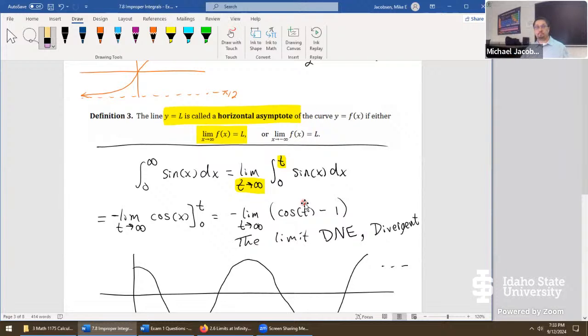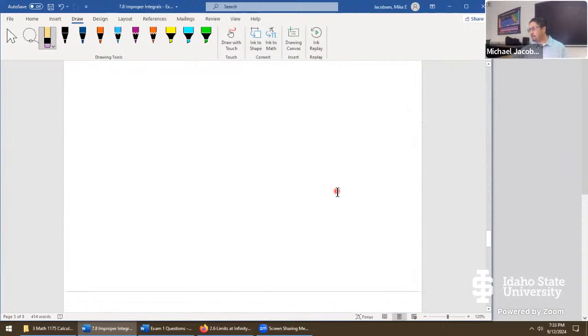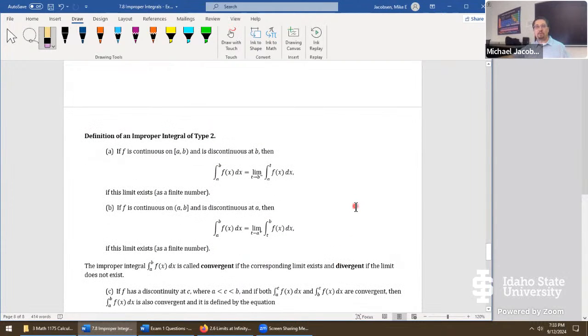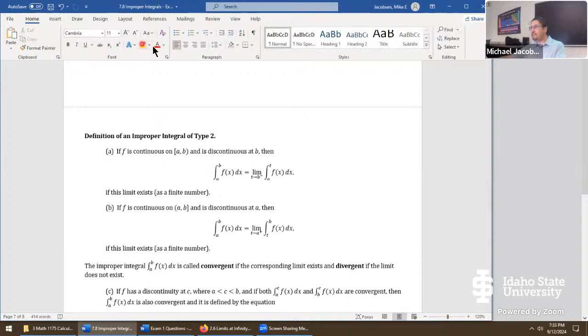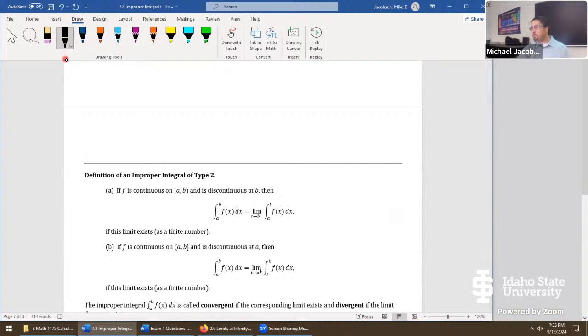Is there a difference between a horizontal asymptote and a vertical asymptote? Yeah, vertical asymptotes are what we're going to take a look at for these guys now, improper integral type 2. So a vertical asymptote can come into play if you're looking into this kind of example. Suppose you're integrating from, maybe it's like 3 to 5, of 1 over x dx. Let's just make it simple. And I need to change my domain.